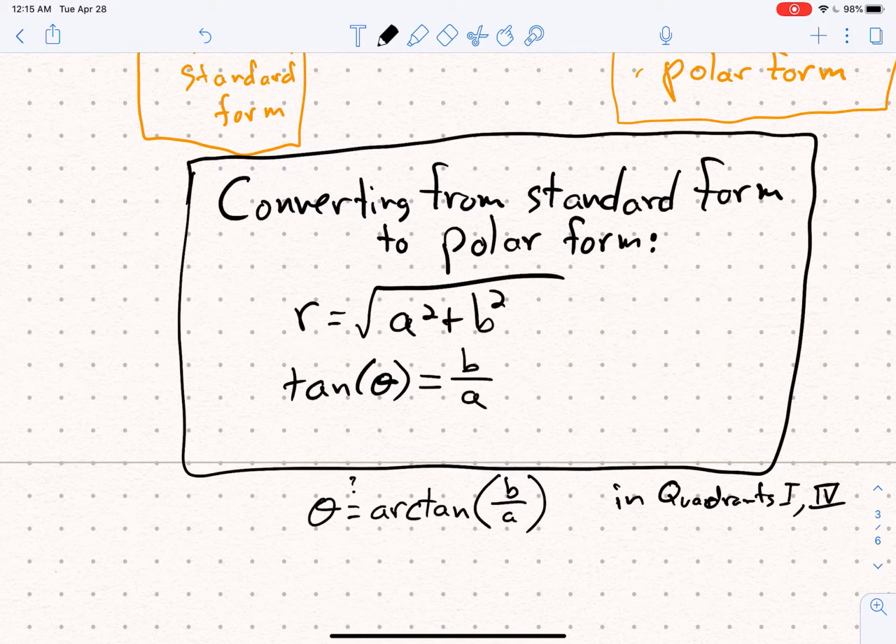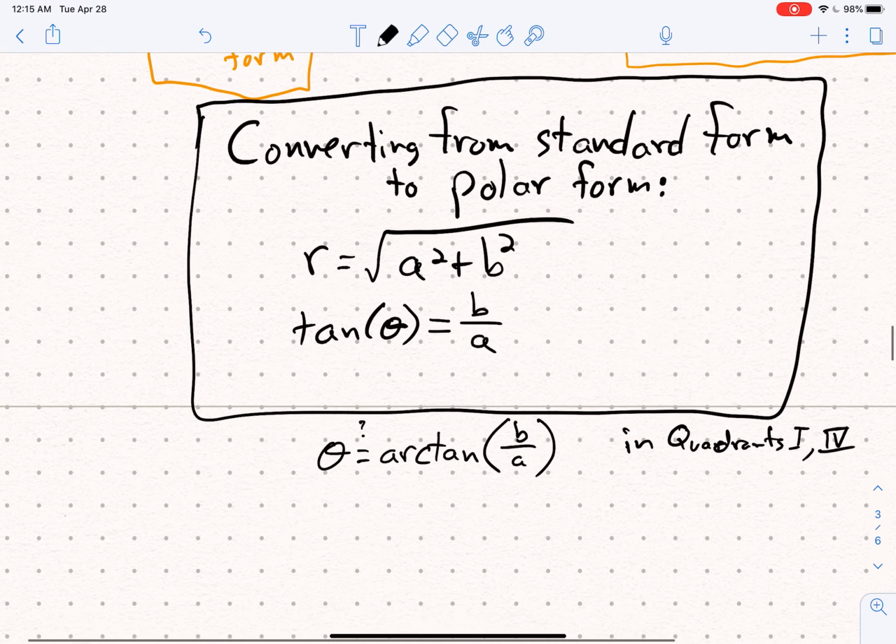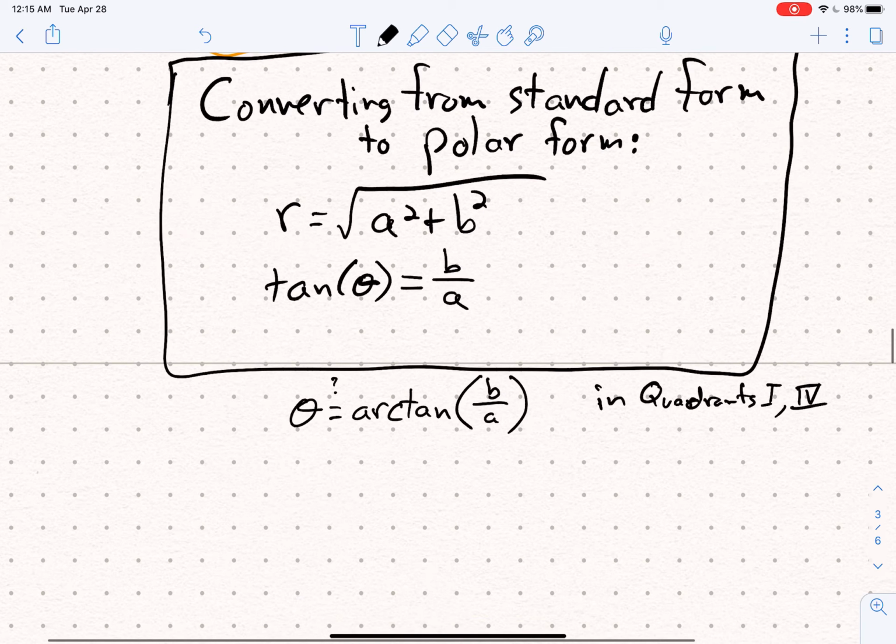And our problem is, if our angle lies in quadrants 2 or 3, what do we do? Well, we have to take the angle in quadrants 2 or 3 that has the same tangent as this angle that we've been given. So the arctangent gives us an angle, and we want an angle that has the same tangent as that, but in quadrants 2 and 3.